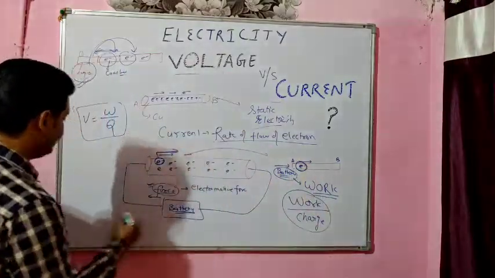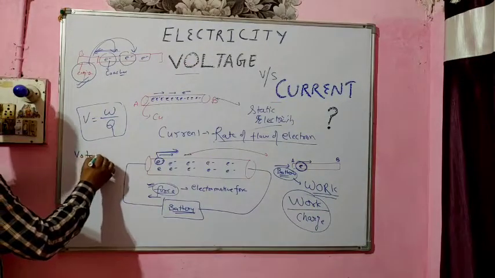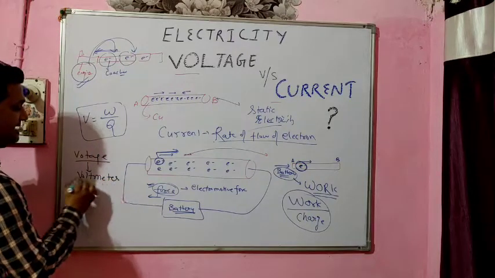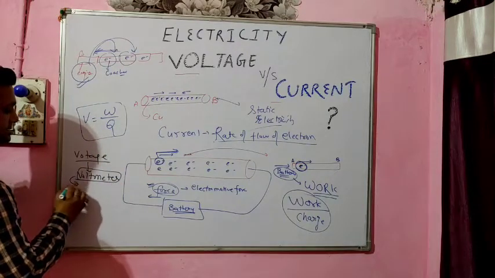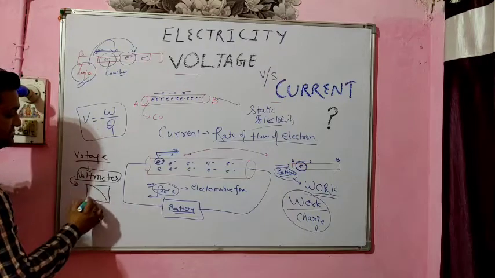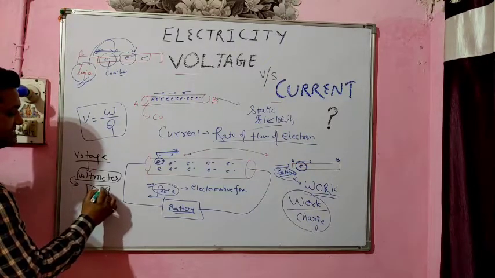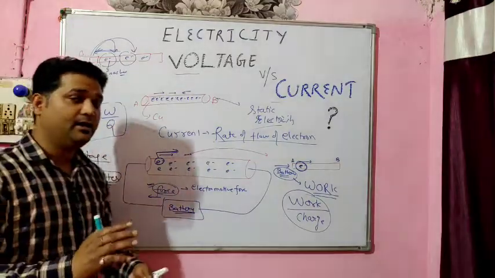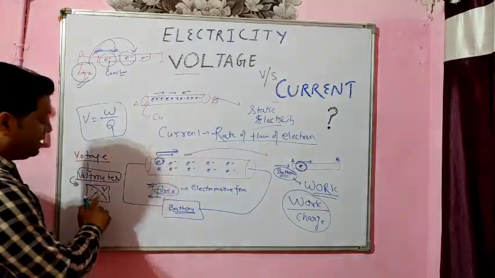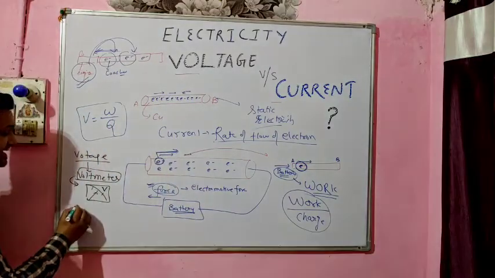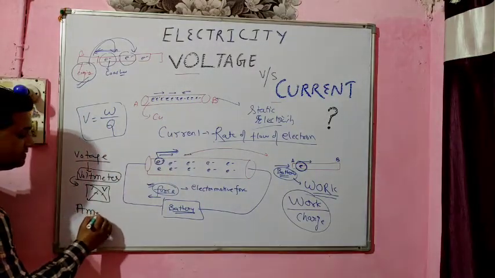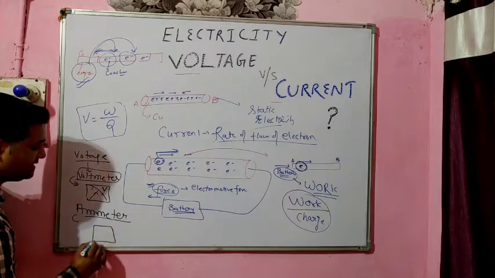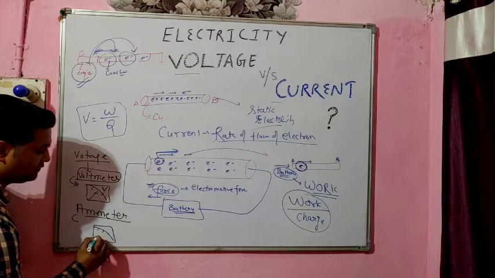Voltage is measured by a voltmeter, and it has a symbol like you have seen in practical life. It has V written on it, and a needle which indicates the amount of voltage. Second, we have the ammeter, which is similar to the voltmeter.